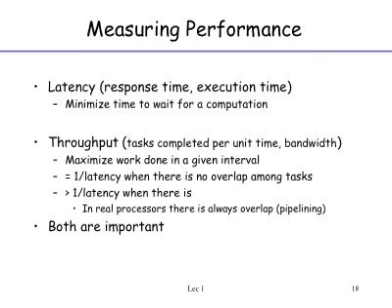So with this overlap, you will be able to increase the number of packets processed. That's the throughput. That's the number you see when you buy a router or switch. It tells you that it's 1 gigabit per second or 10 gigabits per second. That's the throughput.